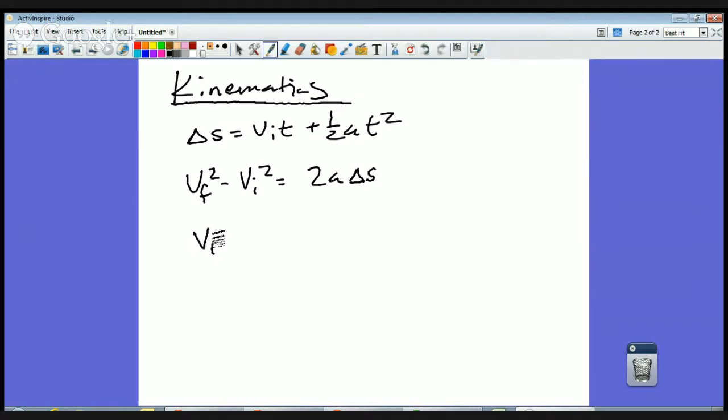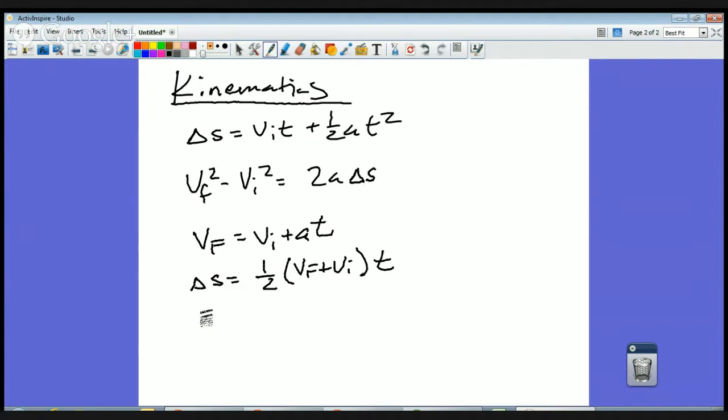You know that v_f is equal to v_i plus a t, and you also know that the change in position is 1/2 of (v_f plus v_i) times t. (v_f plus v_i) over 2, that's the average velocity, times the time.